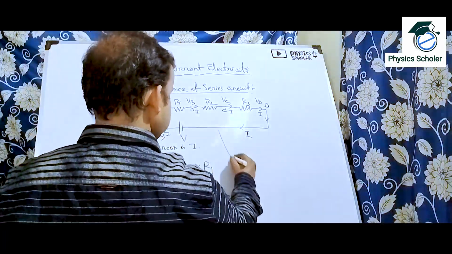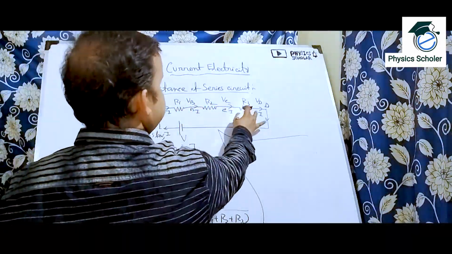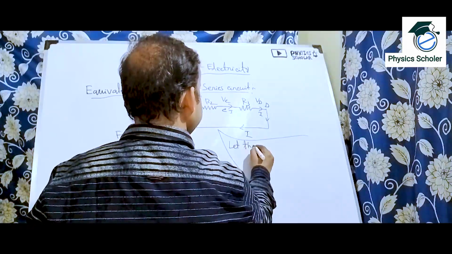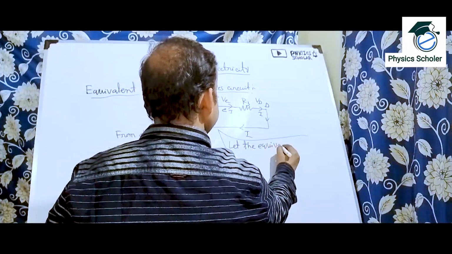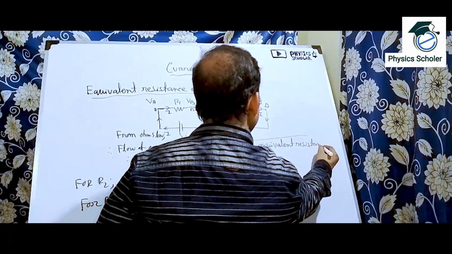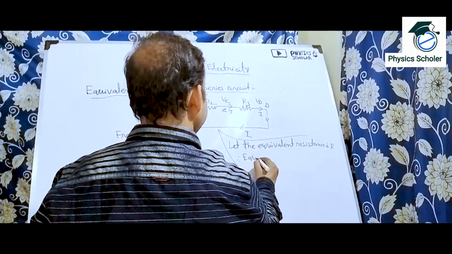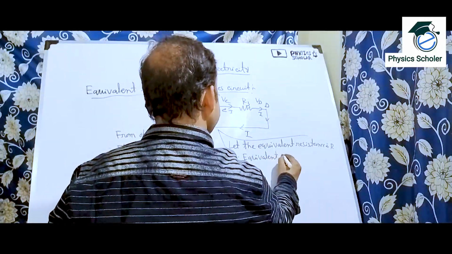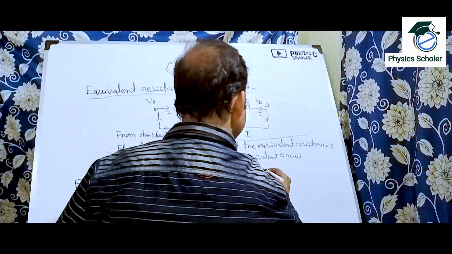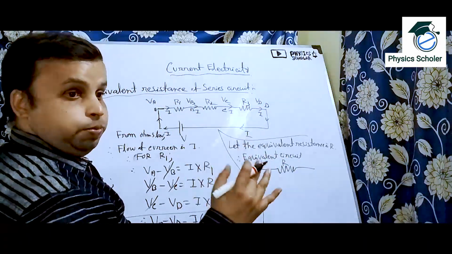Now suppose the equivalent resistance, where we replace the three resistors by one resistance only, is R. What will be the equivalent circuit? All three resistors, R1, R2 and R3, are replaced by a single resistor.